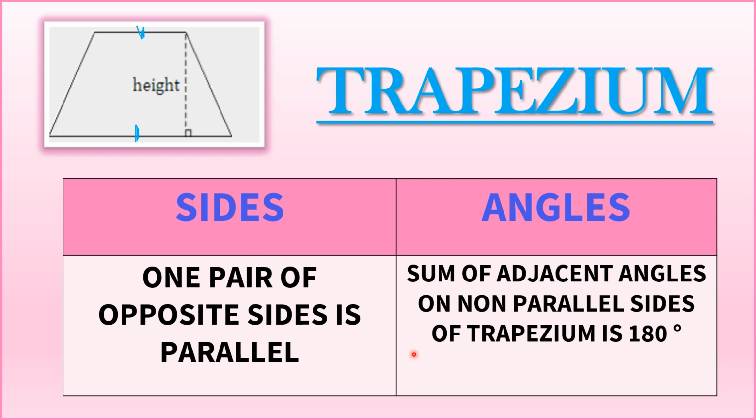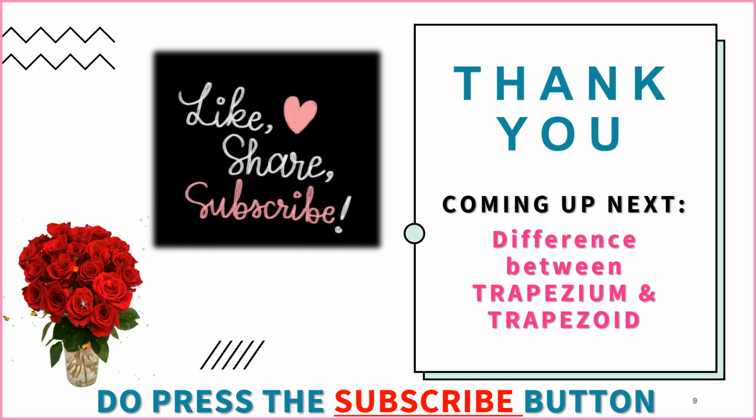Okay, and here I have not written the diagonals of a trapezium, because trapezium is also of different types, and based on that only the diagonals will differ. So I am going to discuss in the next video what is the difference between a trapezium and a trapezoid, and I will also discuss the diagonals of a trapezium in detail.